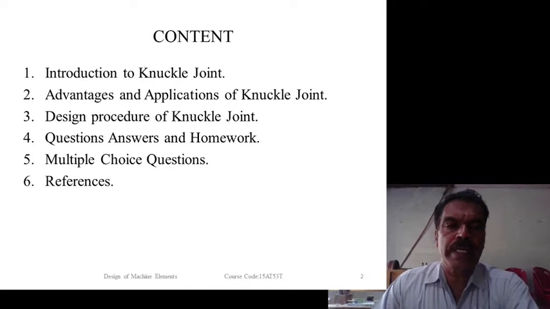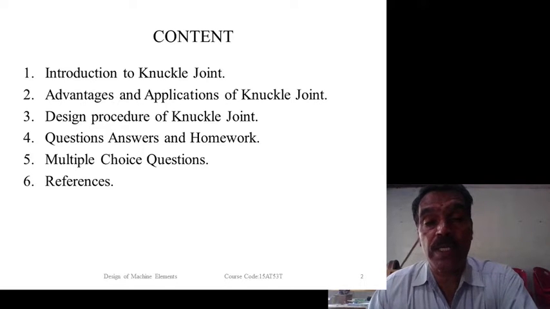So here this is the content list. What are the contents included in this chapter? First one is introduction to knuckle joint. Second is advantages and applications of knuckle joint. What are the advantages of knuckle joint and where is it used? Everything we will discuss. Next, design procedure of knuckle joint.